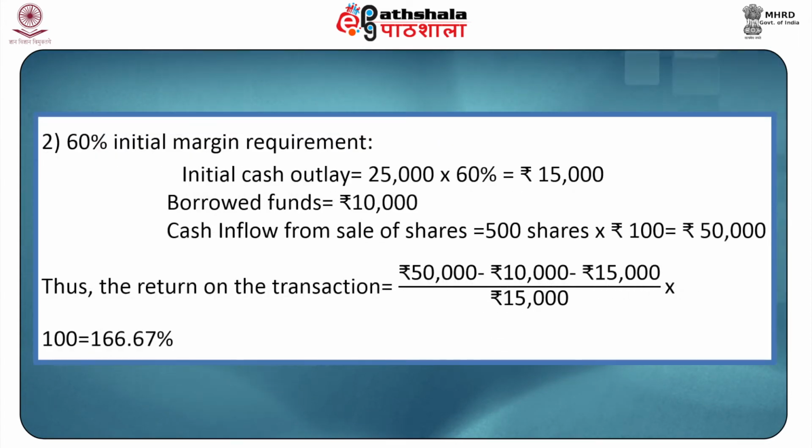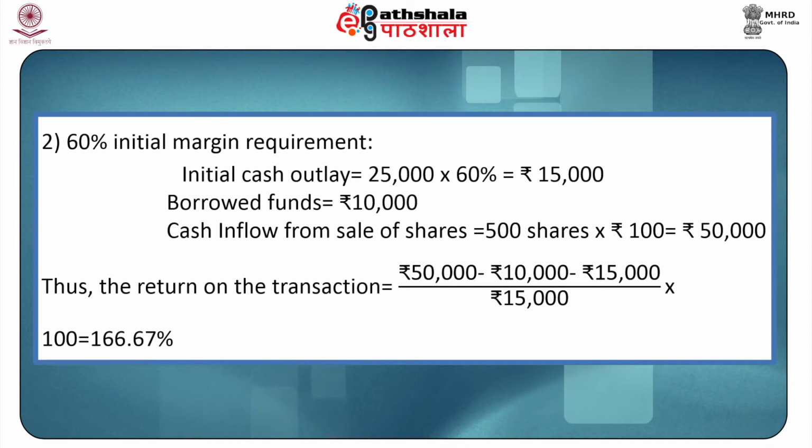Secondly, let us consider the case of 60% initial margin requirements. Initial cash outlay would be equal to 25,000 multiplied by 60%, which would be equal to 15,000. The borrowed funds would be equal to rupees 10,000. Cash inflow from sale of shares would be equal to 500 shares multiplied by rupees 100, which would be equal to rupees 50,000.